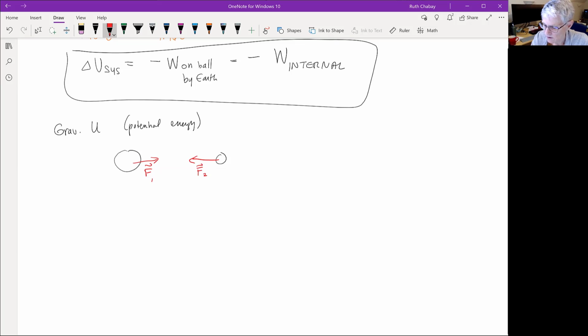So this is object 1, that's object 2, so we'll call this F on 1 by 2 and F on 2 by 1. And these objects attracted to each other move a little closer together. So they started out there, but now they're here. So there was a distance d1 that one moved and a distance d2 that the other moved.